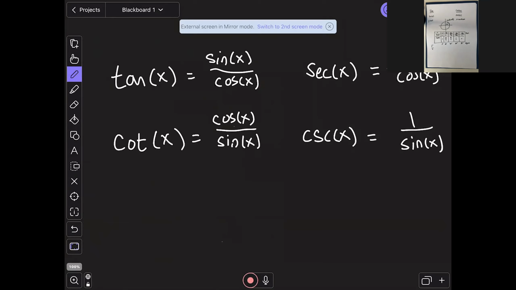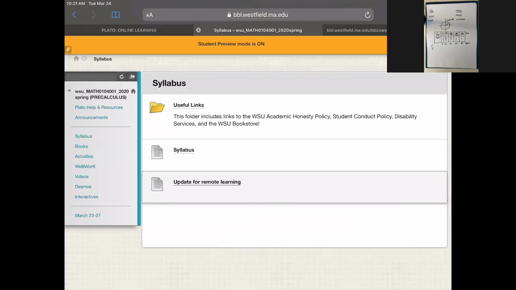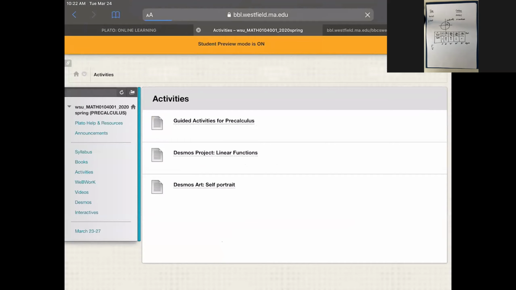And if you don't want to reference the video, so if you don't have these written down, keep in mind that if we go back to our Plato page, we have this in our notes. If we click over here on activities on the sidebar, then we have all of our notes, right?